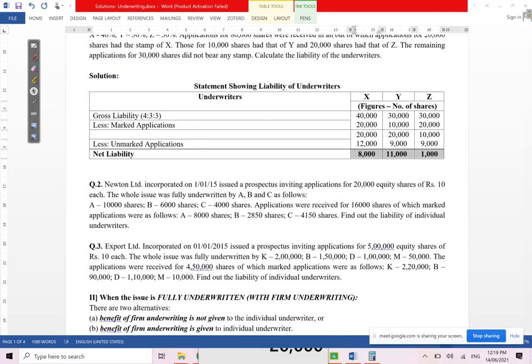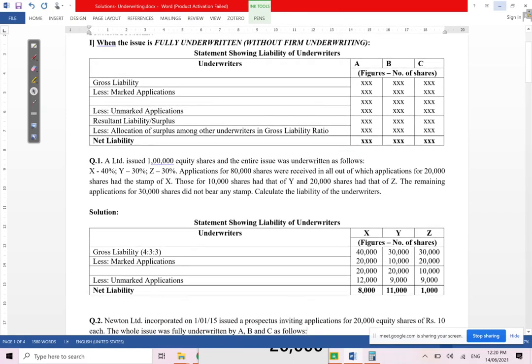Have you followed this? So basically what is net liability? The remaining shares that the underwriters have to subscribe to because the public has not done it, right? And that we get only after we reduce the marked applications and the unmarked applications from their total liability. So that was problem 1, a simple problem based on marked and unmarked applications.